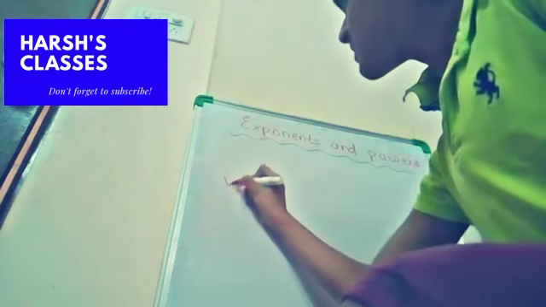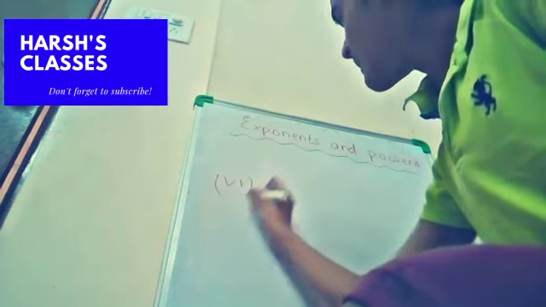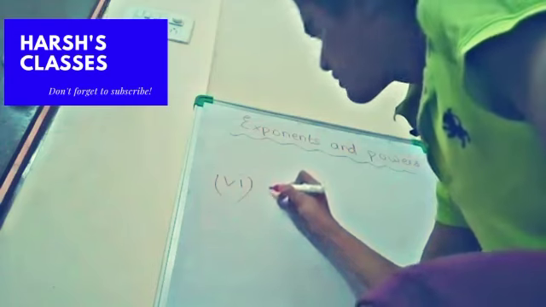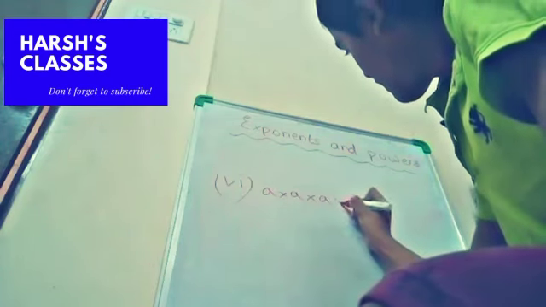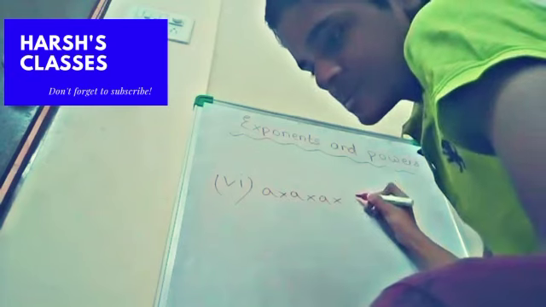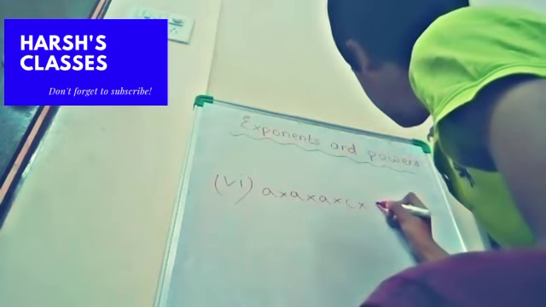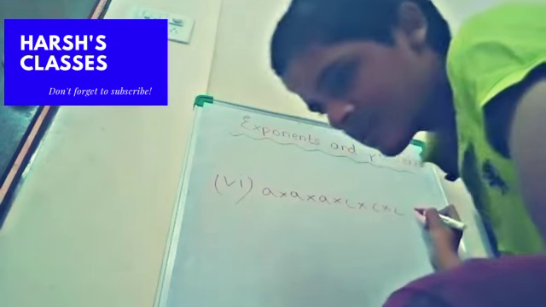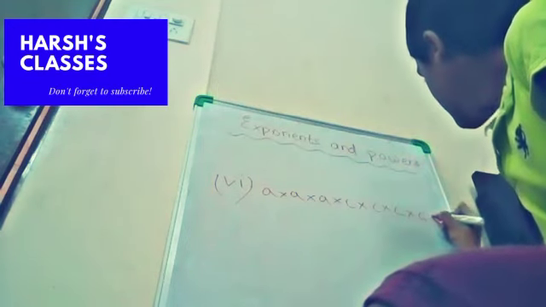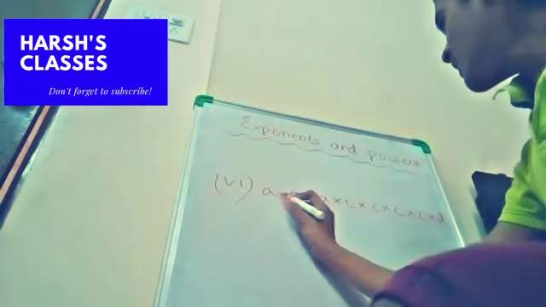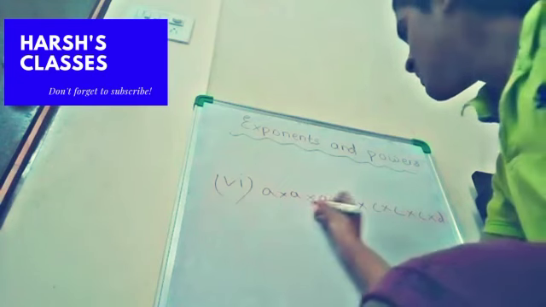The sixth question is a into a into a into c into c into c into c into d. Here a is multiplied how many times? 3 times.